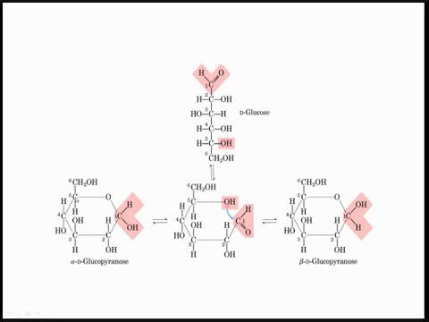This is the pyranose ring, a six-sided ring: 1, 2, 3, 4, 5, 6. The numbering can be made from here, where the O released from carbon 1 is hanging in the middle.